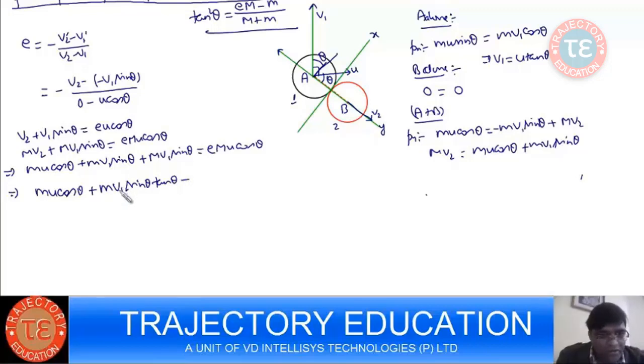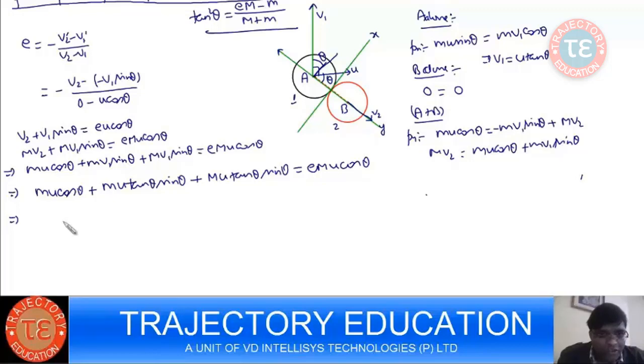Oh sorry, v1 is u tan theta, so mu tan theta sin theta is emu cos theta. Okay, so I'll take this on the side.